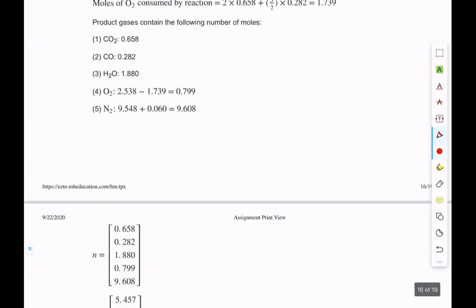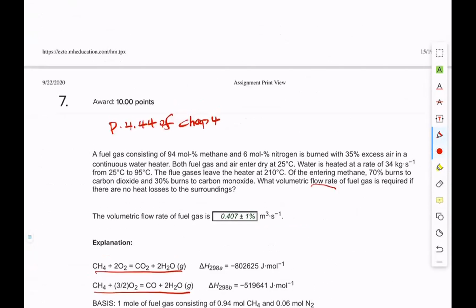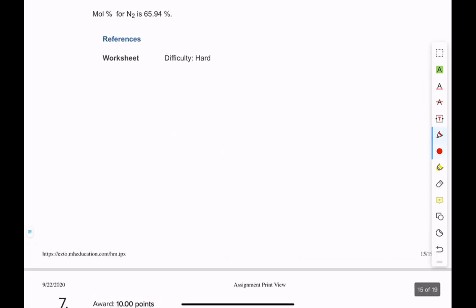This is problem 4.44 of chapter 4. So the bottom line is we have 4 problems, very similar and even harder than the exam problem. And now we have the exam.